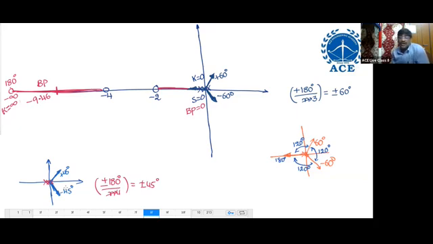The remaining 2 poles, how do they move? What is the phase shift between these two? 90 degrees. The phase shift between these two is 90. Add 90 here again. If you add 90, what happens? 45 plus 90, 135. It should move with 135 degrees.